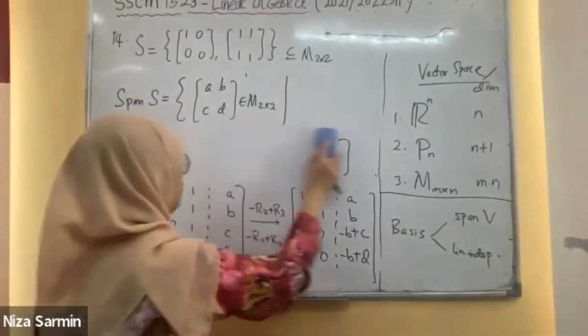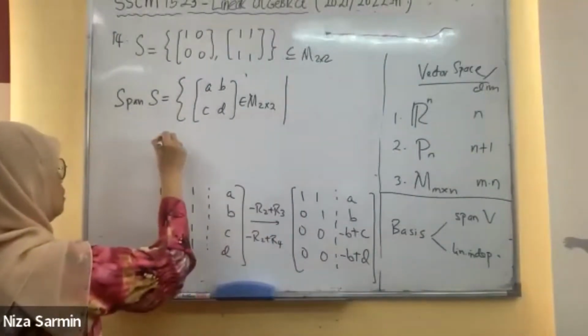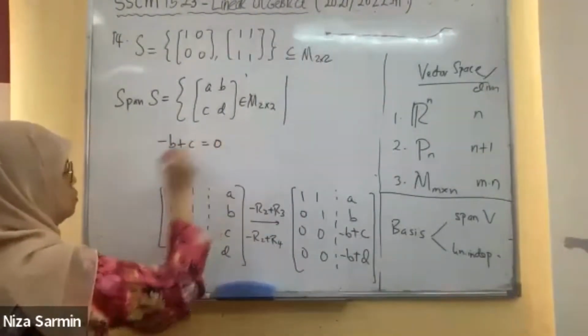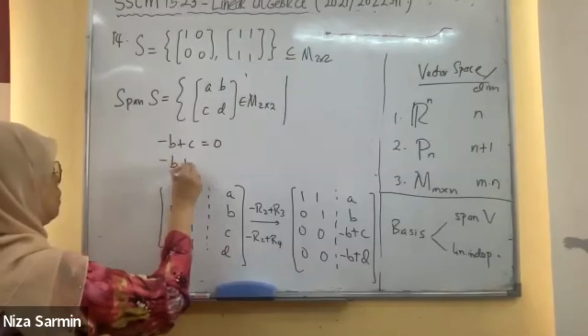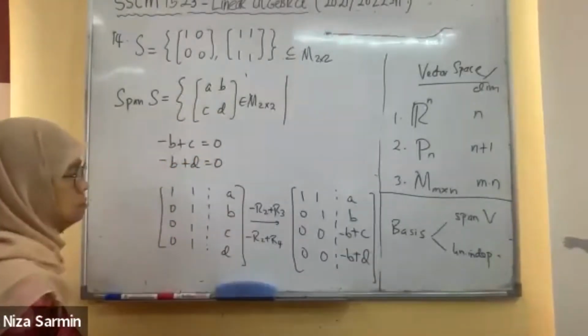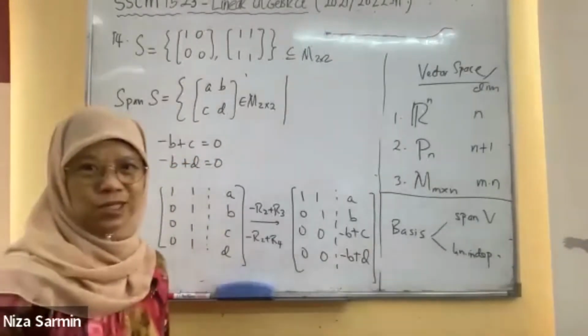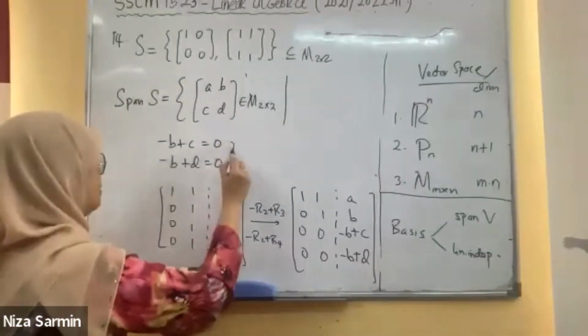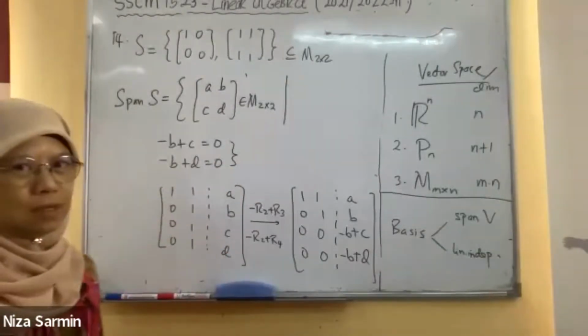So you will solve it like this. Negative B plus C is 0. Negative B plus D is 0. What does it mean? Macam mana nak solve ni?